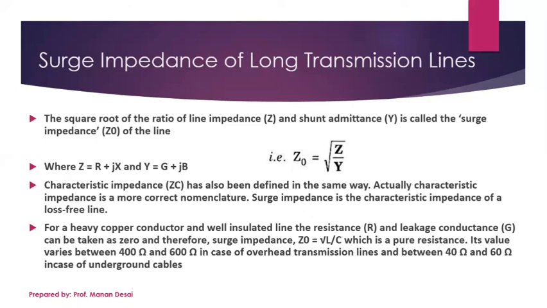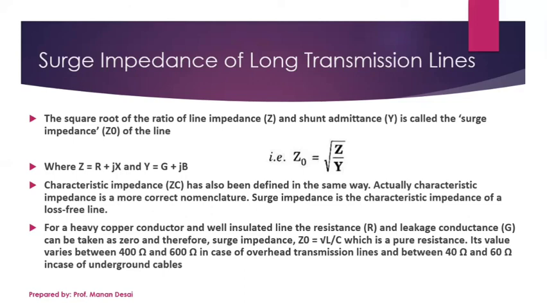Therefore, the surge impedance Z0 is equal to under root L by C, which is a pure resistance.